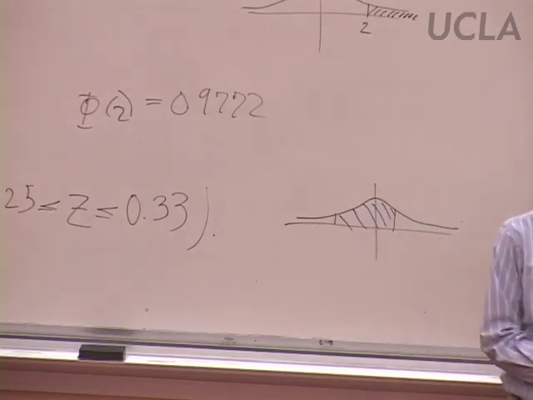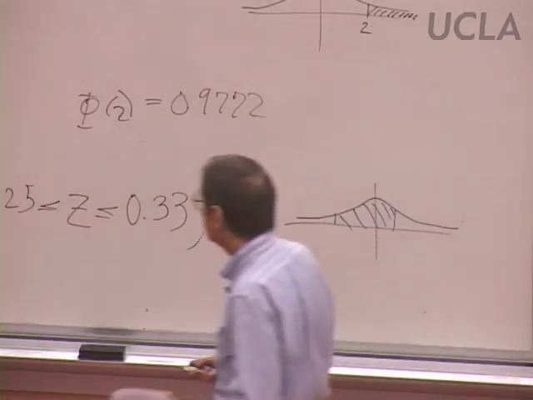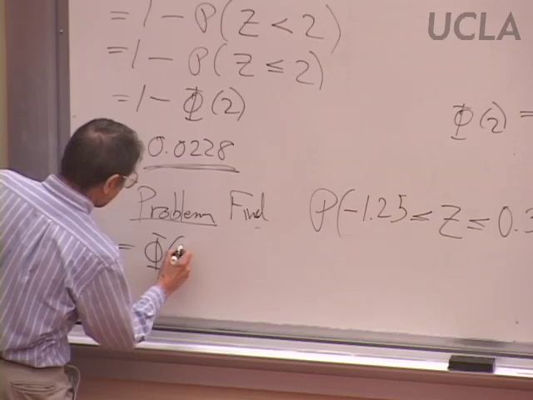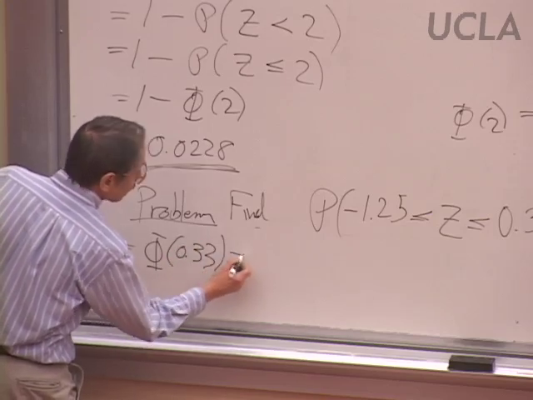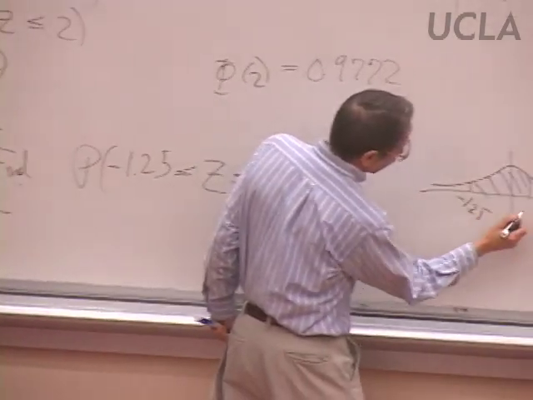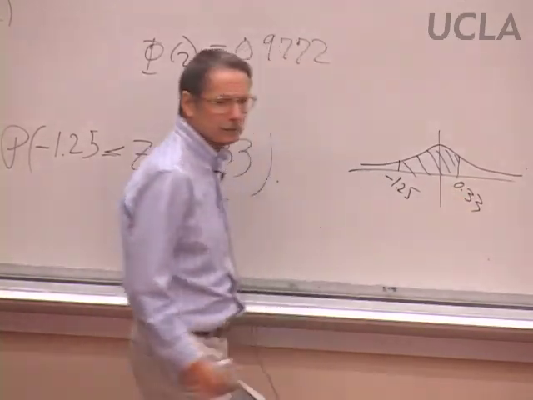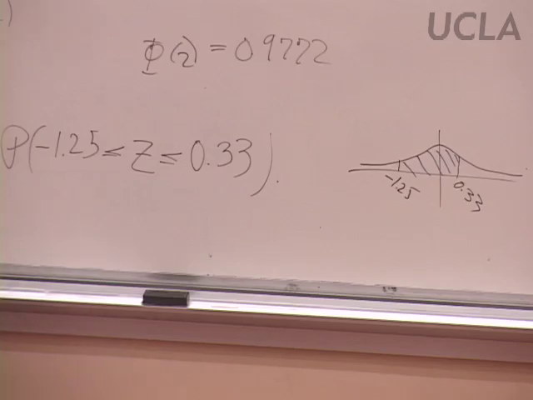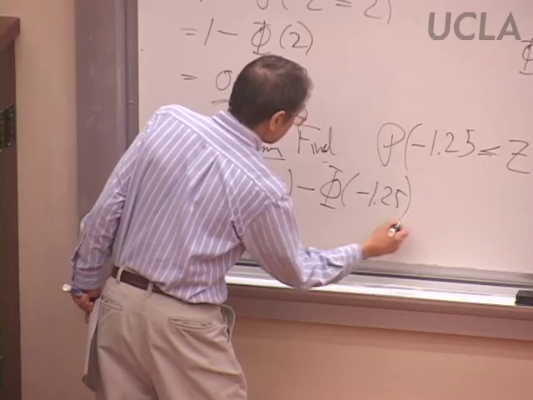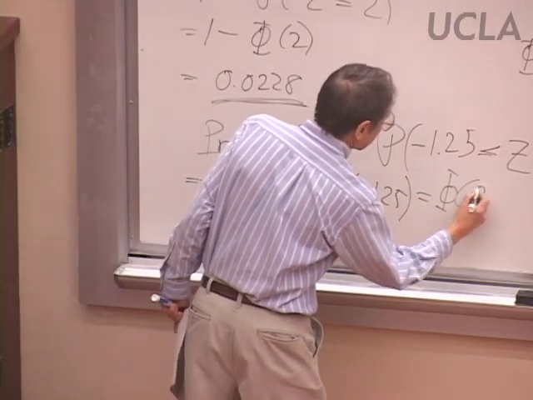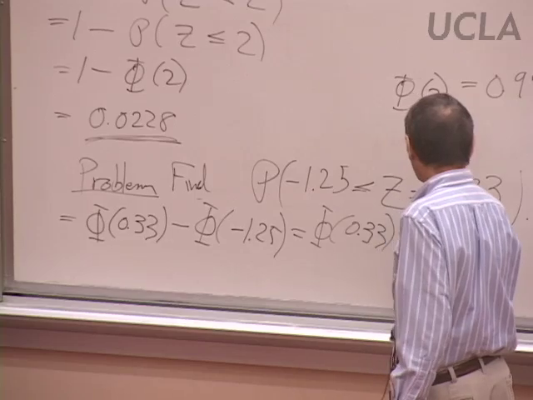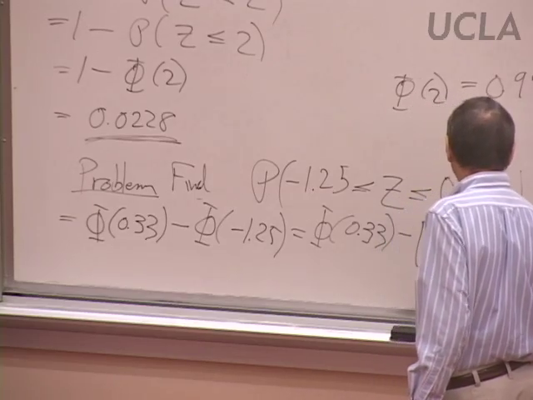We're after this area. That's phi of 0.33, which would give us way too much, everything from 0.33 down to minus infinity. So we'll subtract off phi of minus 1.25. That's a negative number, so we'll think of it as 1 minus phi of 1.25.